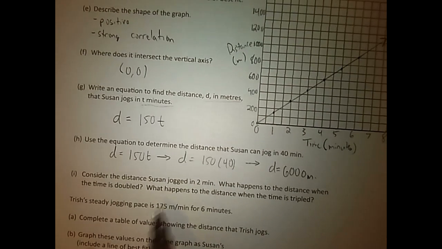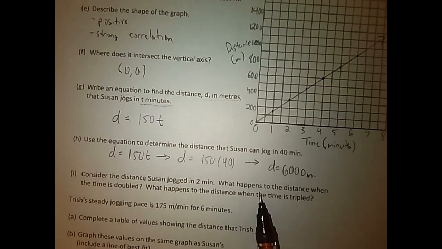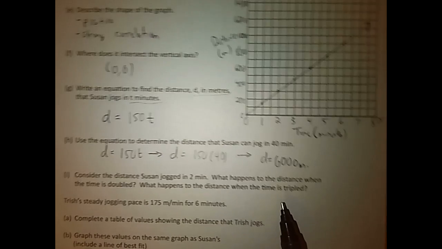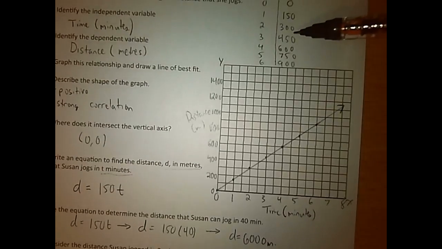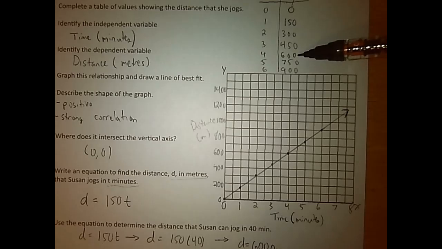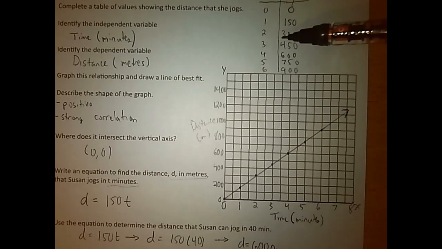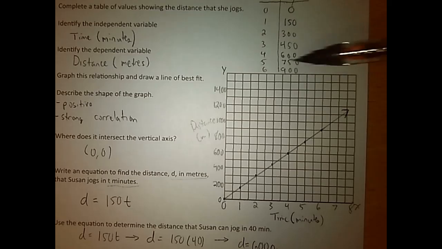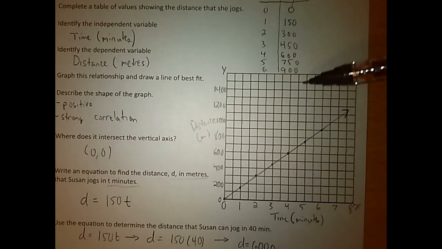So consider the distance Susan jogged in 2 minutes. What happens to the distance when the time is doubled? What happens to the distance when the time is tripled? So at 2 minutes, it's 300. If we double that, it goes to 600. And if we triple this, times it by 3, we get the distance has also been times by 3.